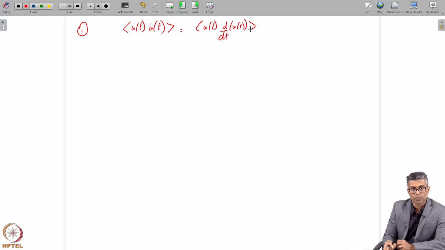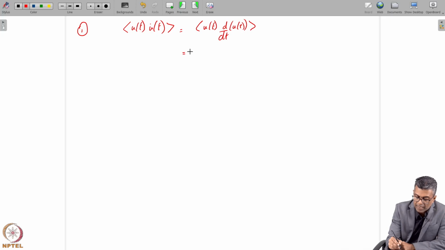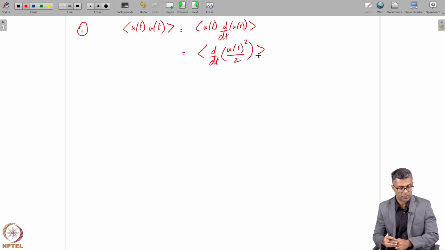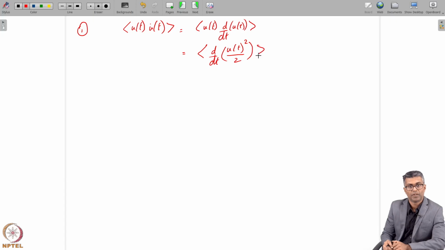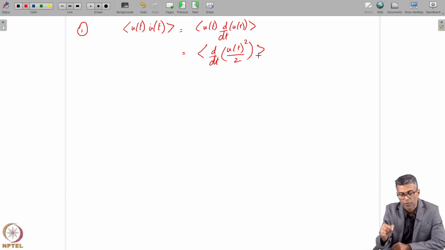One of the things we can do is commute the differential operator outside. In that case, this would be d/dt of u(t) squared over 2, covariance. That's what you have. Essentially what I'm doing is taking the u(t) inside this time derivative and writing it as u(t) squared divided by 2.